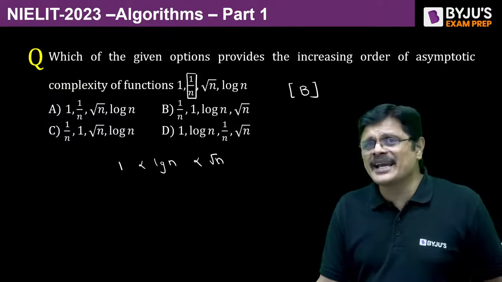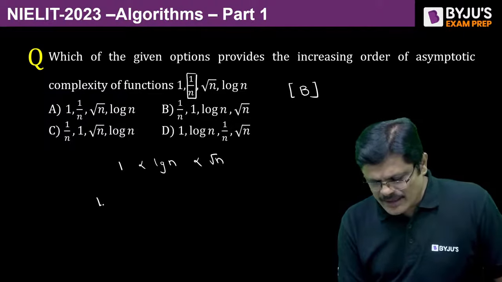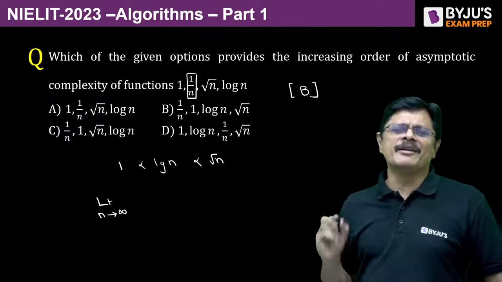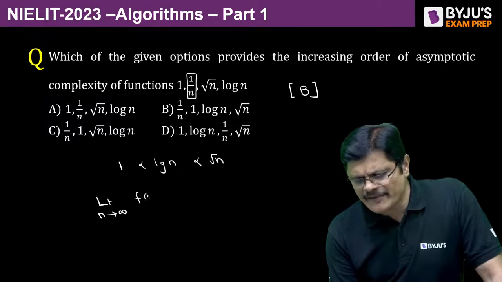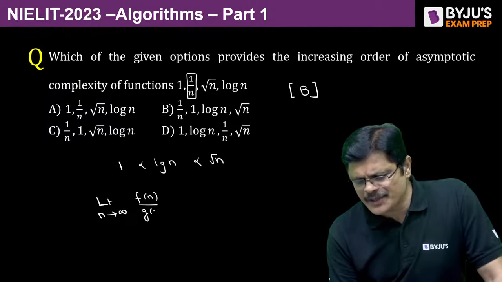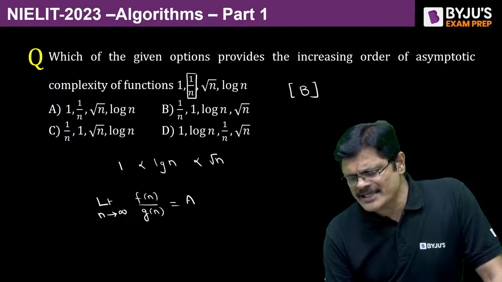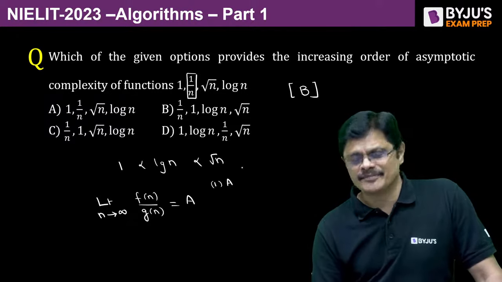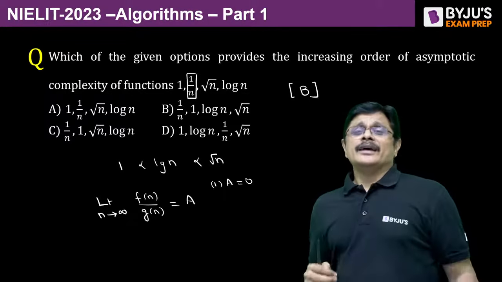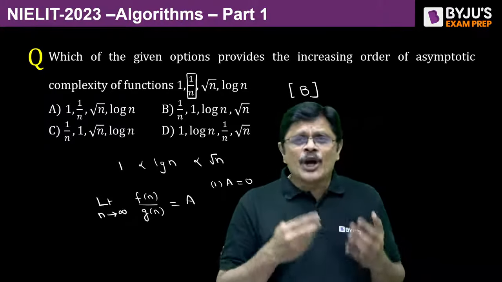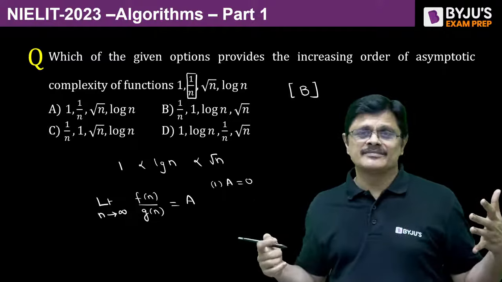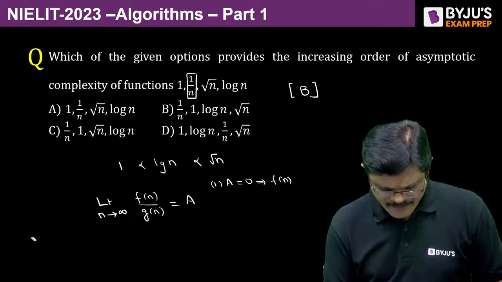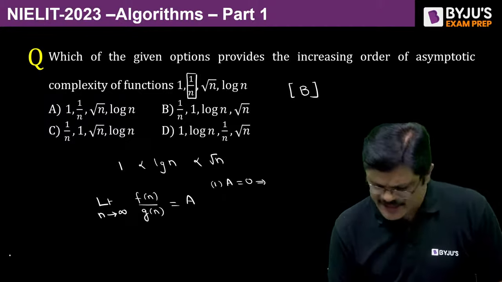For this we have a remedy. Whenever you have two functions, there is a simple limit formula. Take the limit as n approaches infinity of f n by g n. Suppose this answer is a. If the value of a is 0, what does it mean? The denominator function g n is larger. In this particular case, you can say f n is asymptotically smaller than g n.